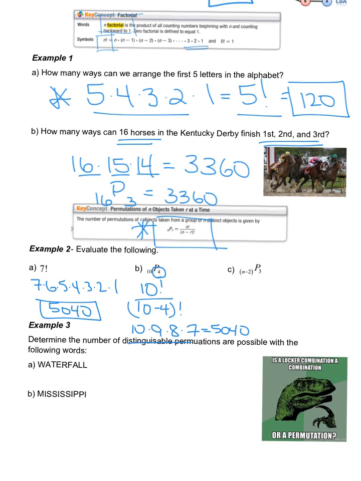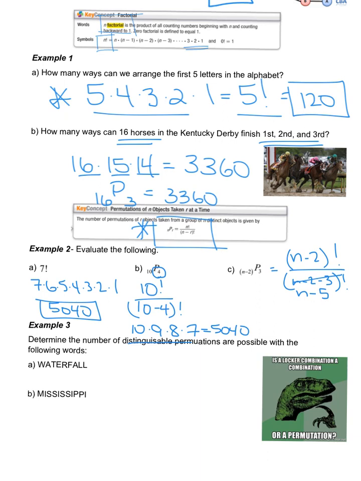When I'm using variable notation, things get a little bit more dicey. So this means I have n minus 2 factorial over n minus 2 minus 3 factorial. Essentially, we have n minus 2 down to 1 on top and n minus 5 down to 1 on the bottom.